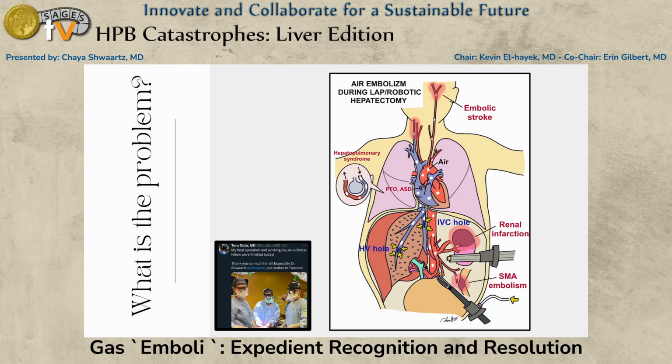Basically, when we're doing laparoscopic liver resection, we have a hole in one of the veins, and some gas is trapped in the vein, and from there goes with the blood into the heart. Then, depending on whether it goes to the lungs, or if we have a patent foramen ovale, it can go to the other side, causing a stroke or even a coronary event.